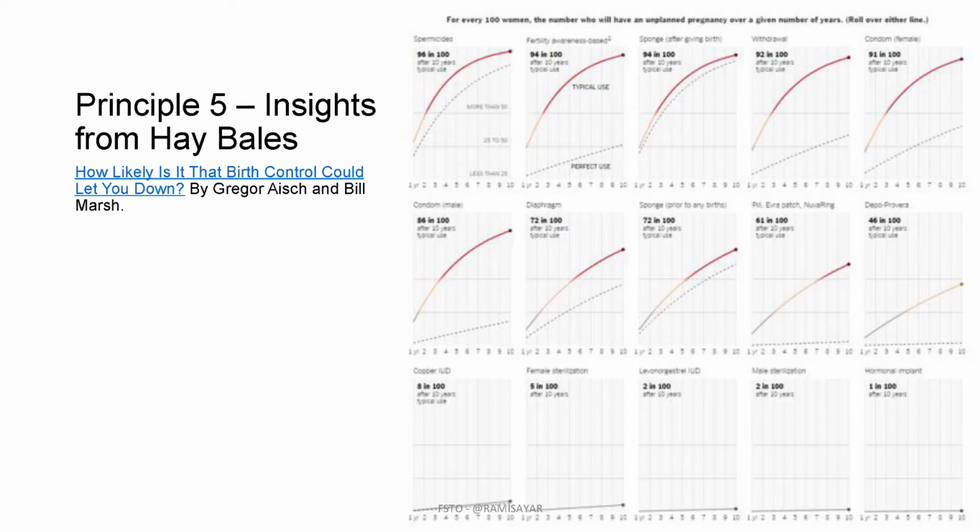If you're wondering what I'm talking about, here's an example: 15 charts that show the effectiveness of birth control across different mechanisms. You'll notice the dashed line is perfect use versus typical use. Some mechanisms are more effective than others.